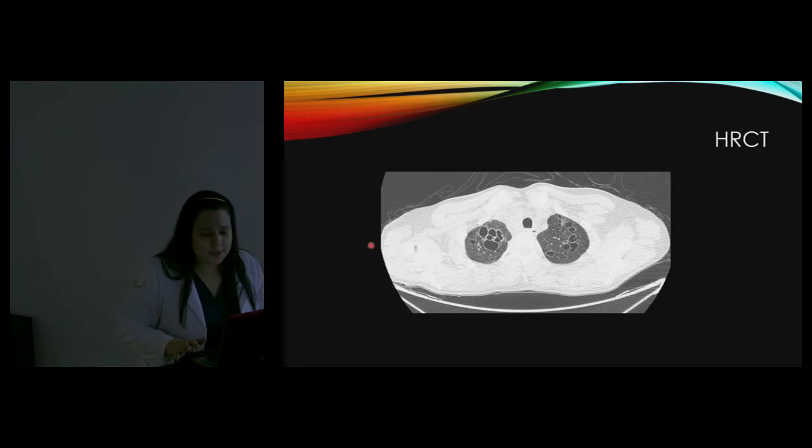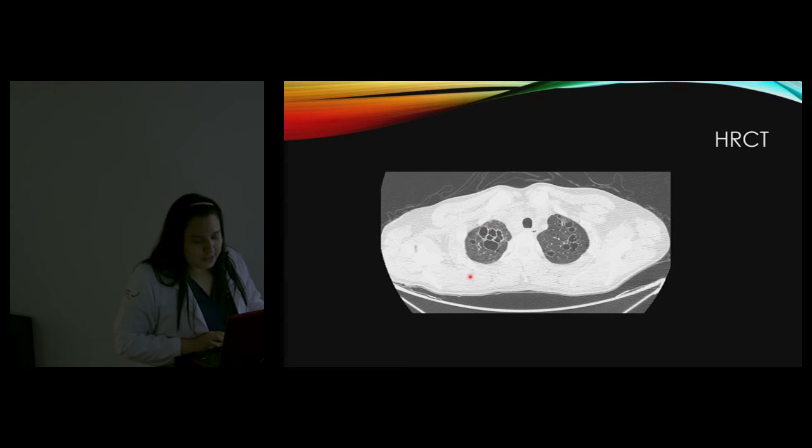So, as part of the diagnostic approach of this patient, a chest CT scan was performed. In this axial view of a high-resolution CT scan, we can identify multiple lung cysts, which are located in both lungs and vary in size and in wall thickness.